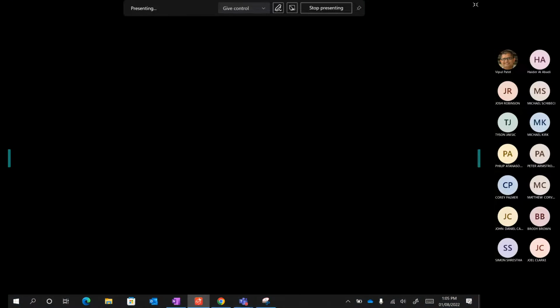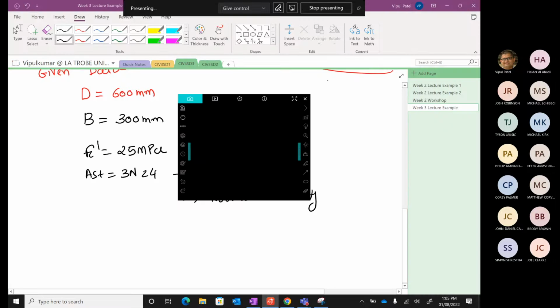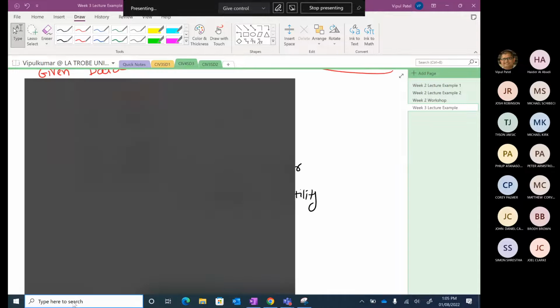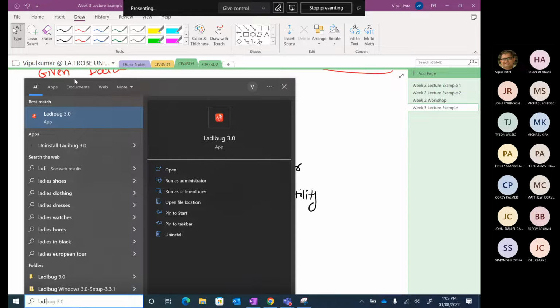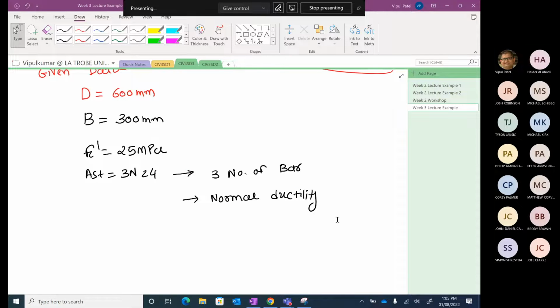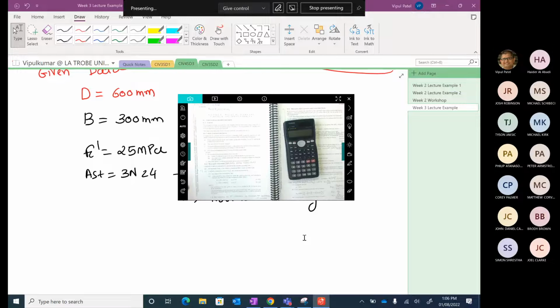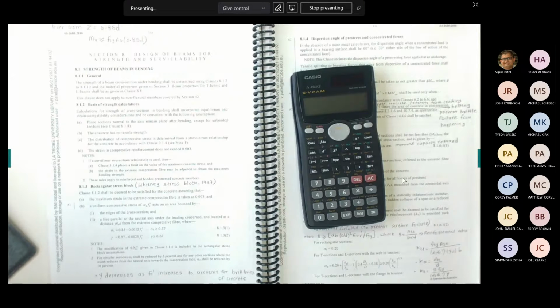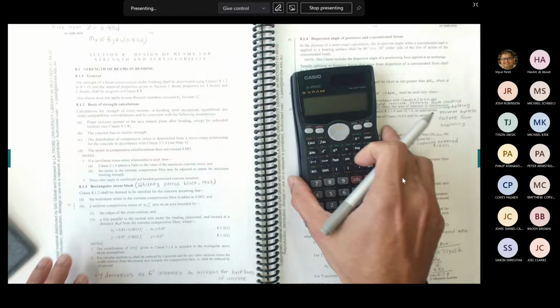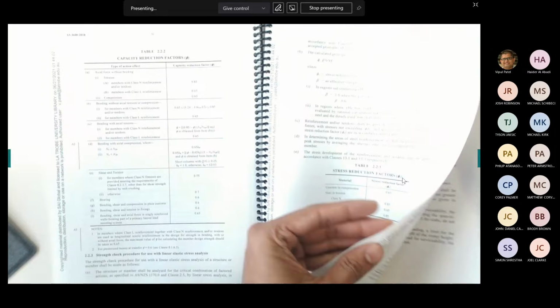Let me fix this. Give me a minute, I'm just turning on this software again to open it up. Yep, I can see now. So here, the ductility that you want to see is somewhere here in section 3.